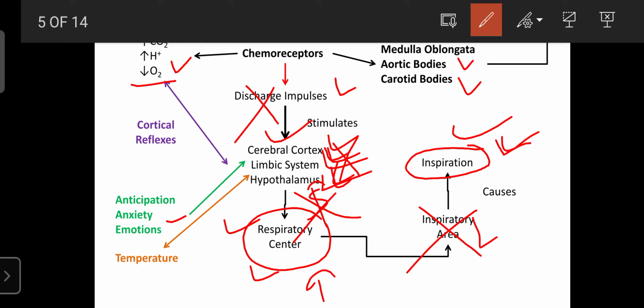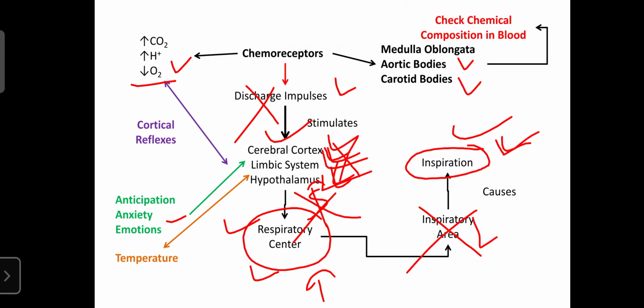As the heat increases in the body, it signals the respiratory center to enhance respiration, or increase the rate of respiration. That helps expel the excess heat from the body. So the chemoreceptors, cortical reflexes, the limbic system, and temperature are involved in regulating the rate of respiration.